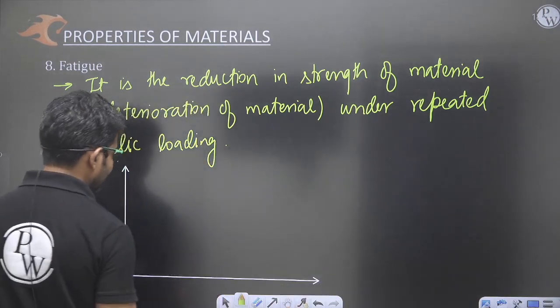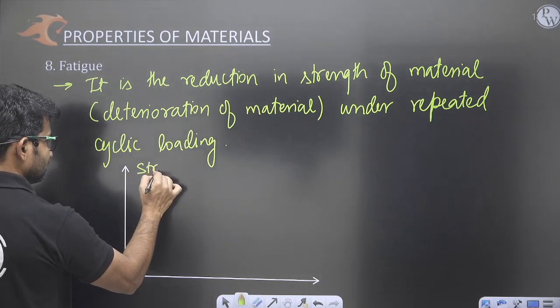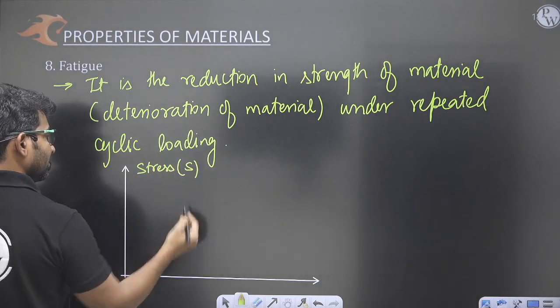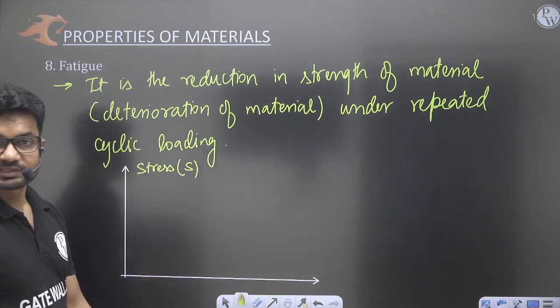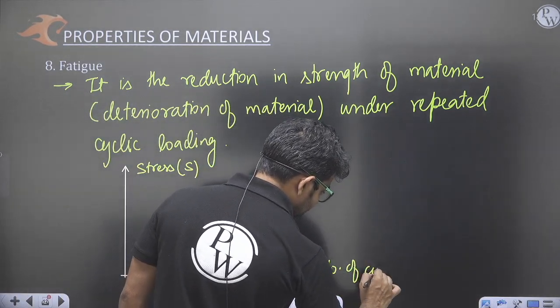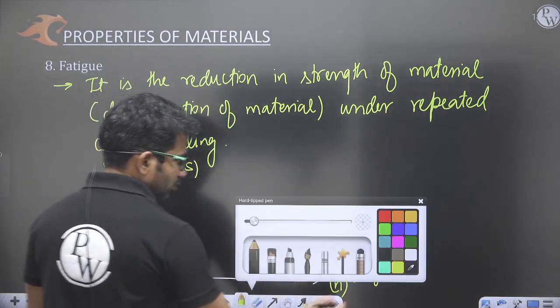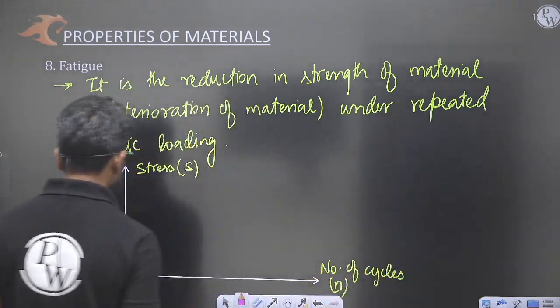That curve is called the SN curve. Here we have stress, represented by S, and here we have number of cycles, represented by N. So the SN curve will be something like this.